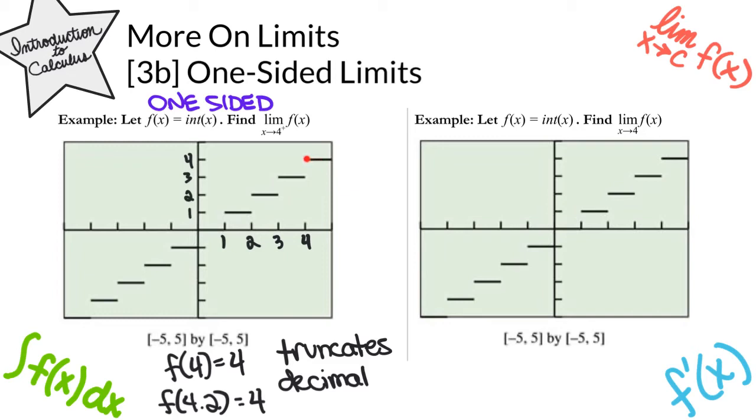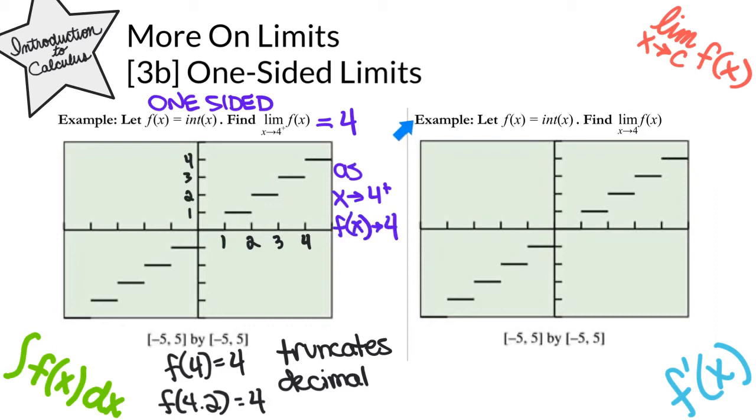Notice that it takes us to a function value of 4. So the limit as x approaches 4 from the plus side of f of x is 4. Let me say it a different way. As x approaches 4 from the plus side, or from the right side, the function's value is approaching 4.